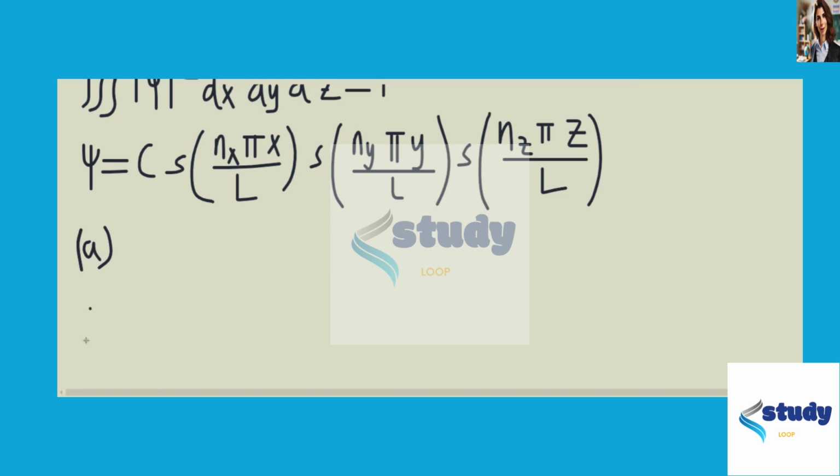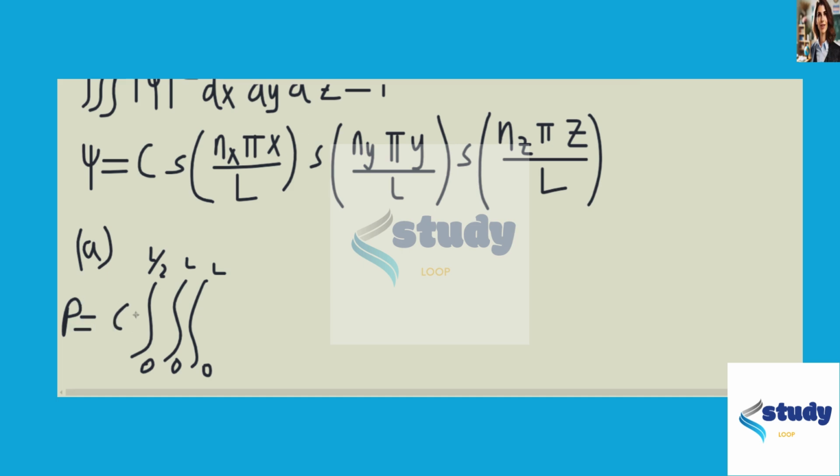So the probability for A, P, is the integral from x equals 0 to L over 2. For y, we're integrating from 0 to L, and for z, going from 0 to L. C is just a constant, so we can pull that out of the integration.